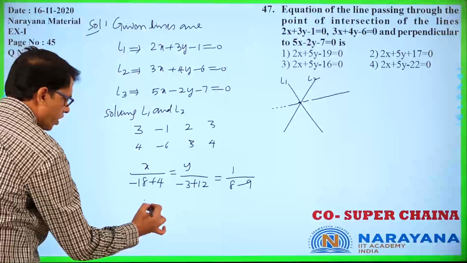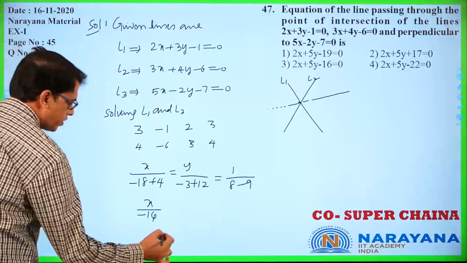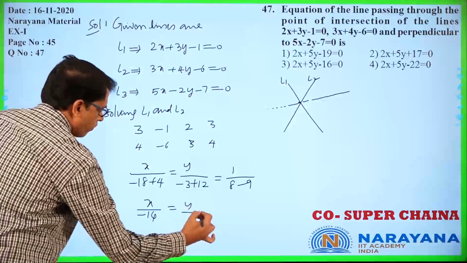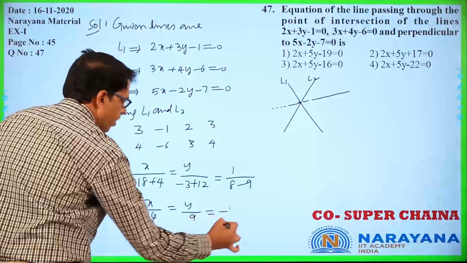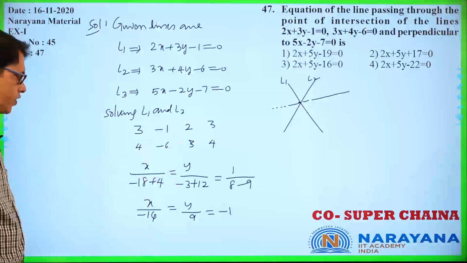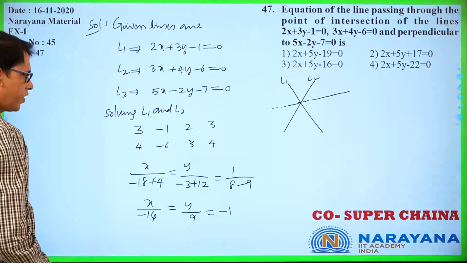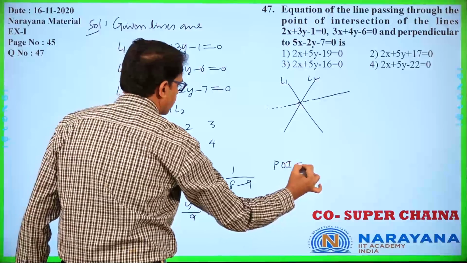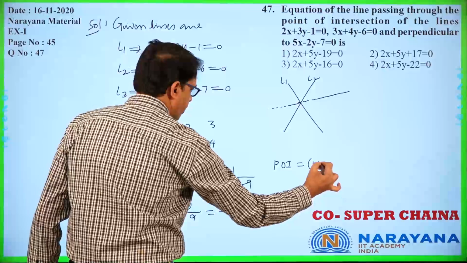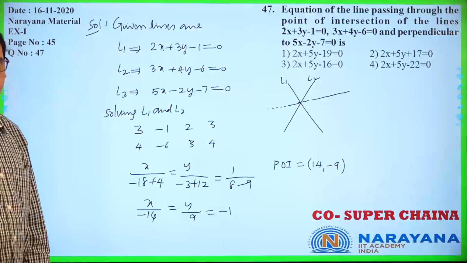Therefore x upon minus 14 equals y upon 9 equals minus 1. Equate the first one and last one: x equals 14, y equals minus 9. Therefore the point of intersection is 14 comma minus 9.